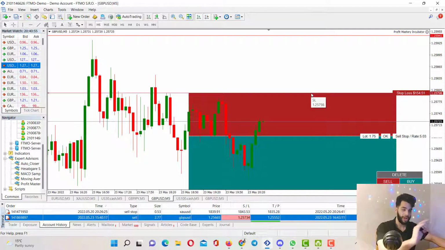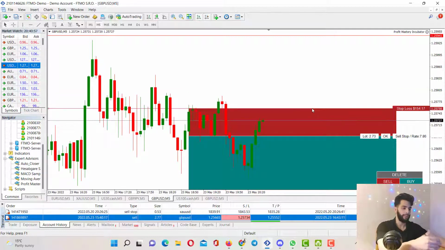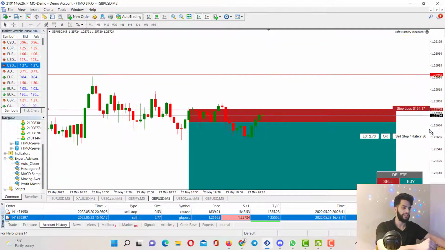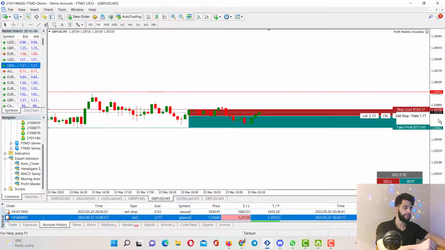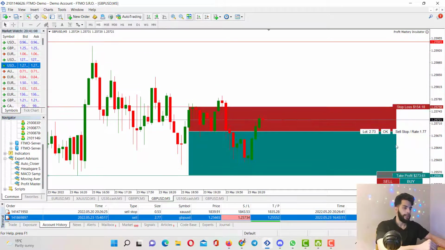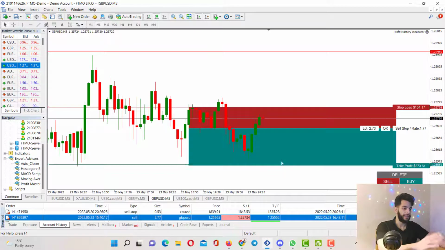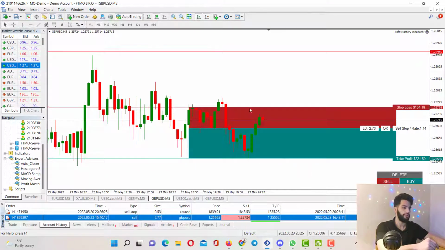So I don't have to calculate what lot size exactly I need, because everything is right here. My entry point is clear. My TP is right here. It tells me exactly how much I'm going to profit, how much I'm going to lose if it hits my stop loss, and all this kind of information.